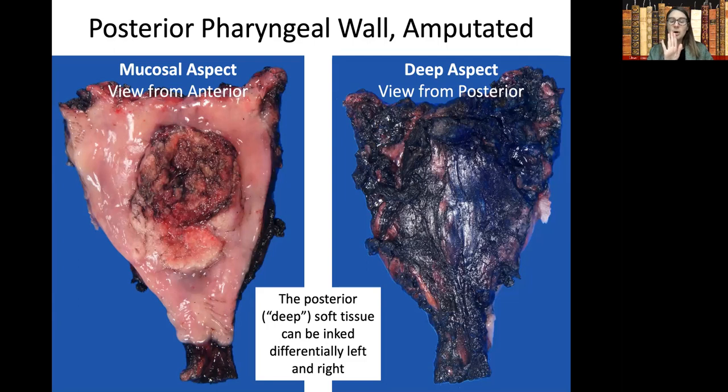So we see the mucosal aspect, i.e. the view from the anterior portion, and the deep aspect, the view from the posterior portion, right? So the posterior or deep pharyngeal wall musculature margin is inked, and in this case, inked differentially left and right, again, to maintain our laterality.